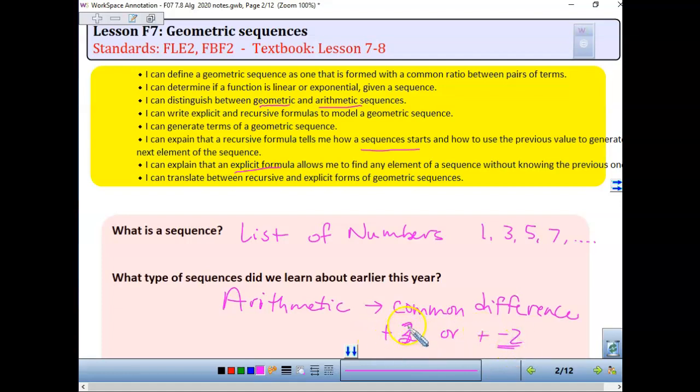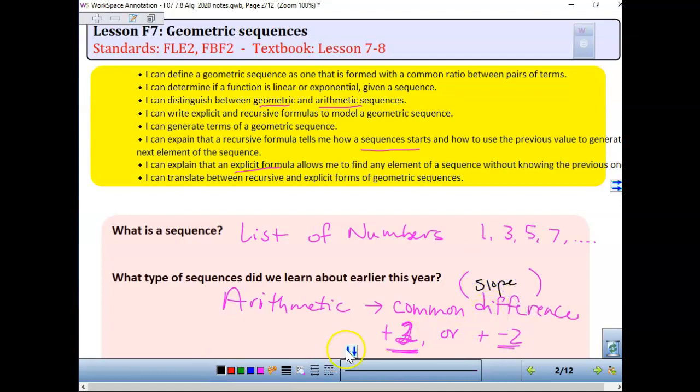So you're either adding or adding a negative to get that next number in your term. It didn't matter what you were looking at, but you were looking at a common difference. And that common difference in our linear equations is really our slope.